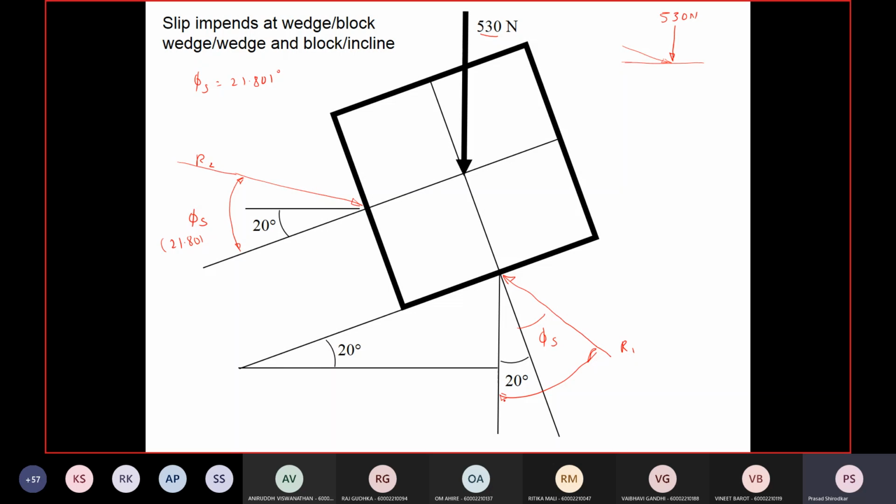Right, so it will make an angle of 90 plus 21.801 plus 21.801.